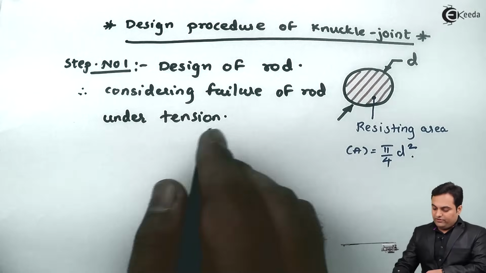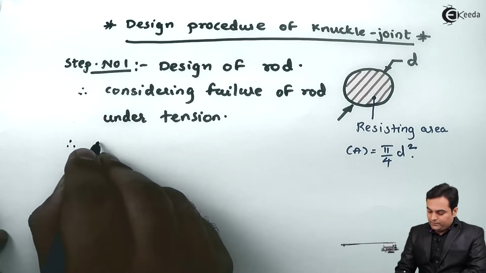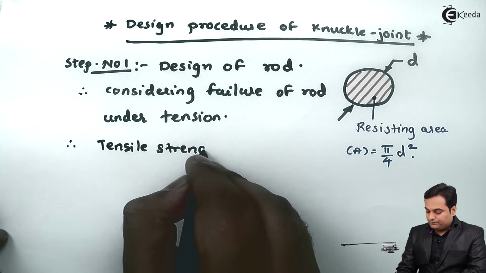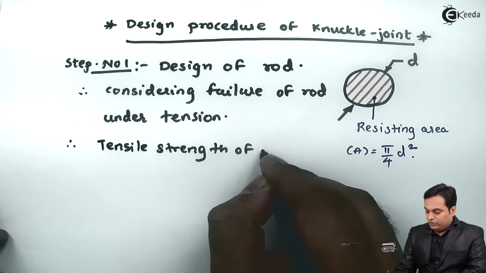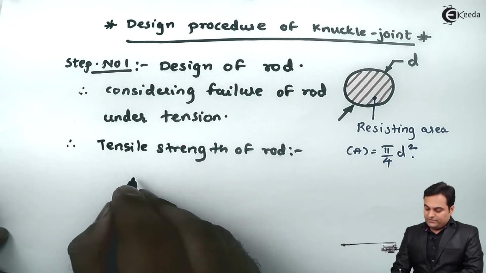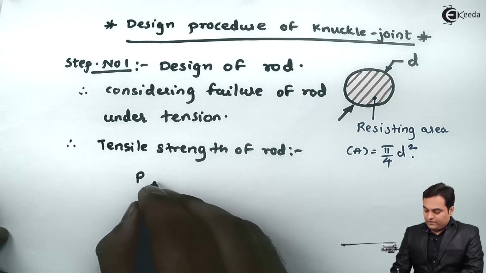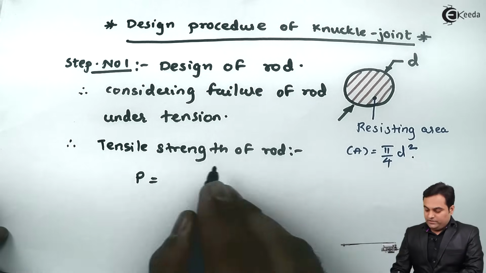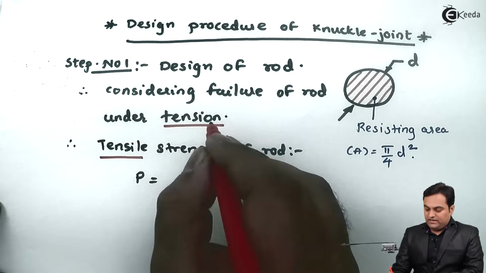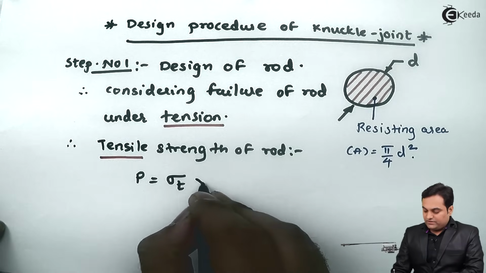Now considering failure of rod under tension, therefore I'll write down tensile strength of rod. It will be given by, as I have explained, strength is nothing but load carrying capacity P, and that is equal to stress into area. Since here we are taking tensile failure under consideration, it will be tensile stress into area.